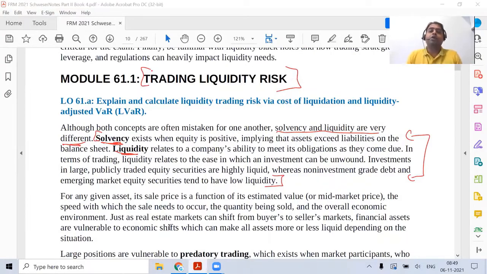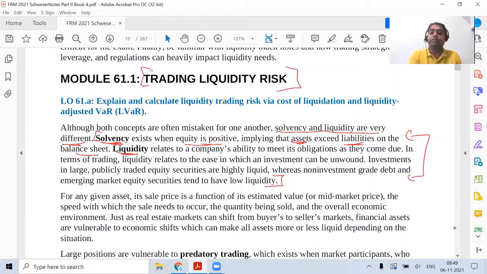What does solvency mean? When the equity is positive, implying that assets exceed liabilities on the balance sheet. This is a normal case for every other company that we see running; they're solvent. But there can be a situation where we see that it is solvent, but it might not have a sufficient amount of cash or highly liquid assets available to pay back on its obligations. Why?